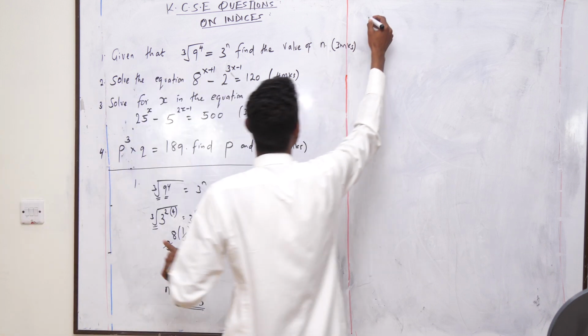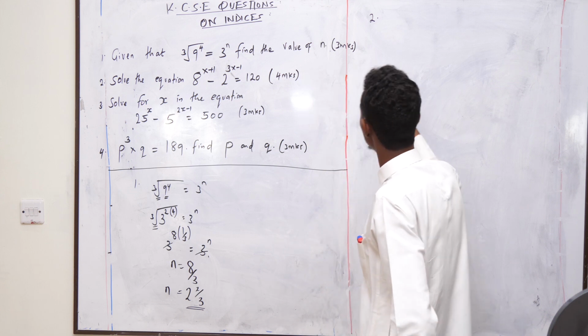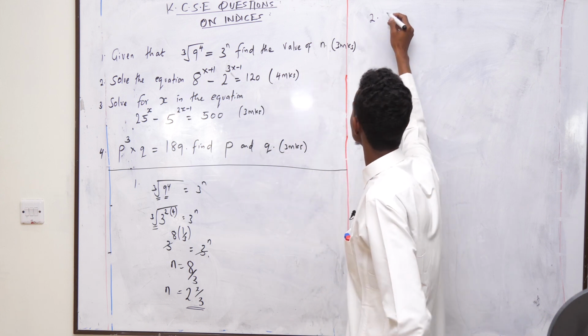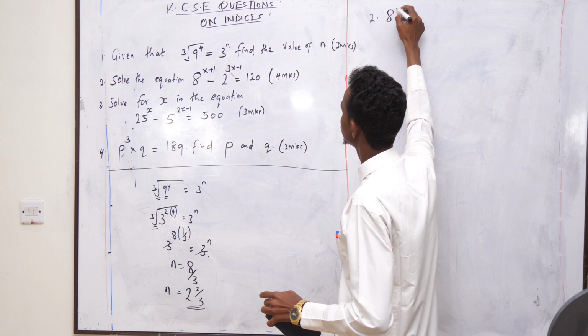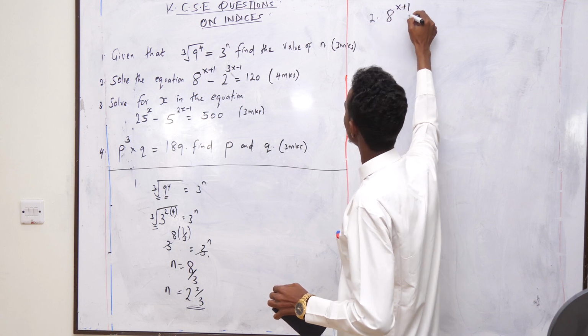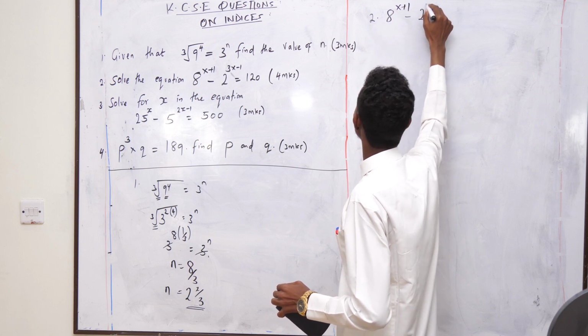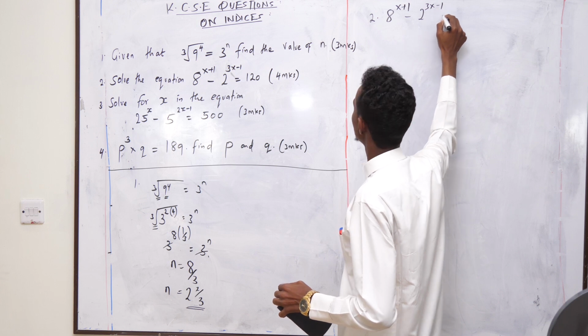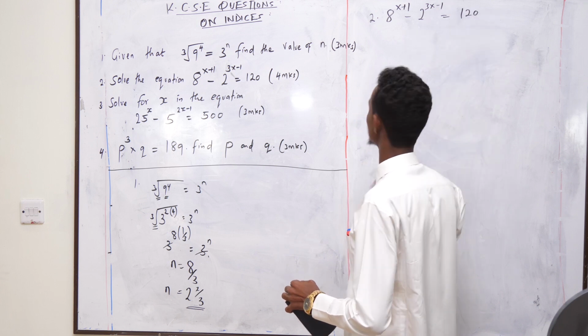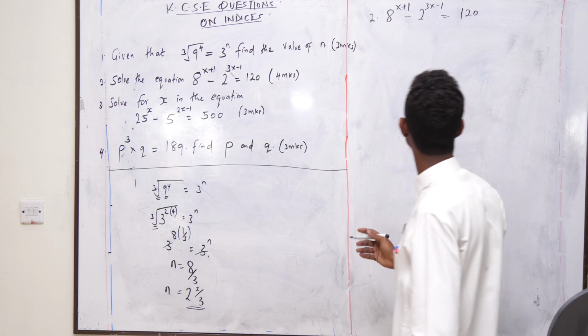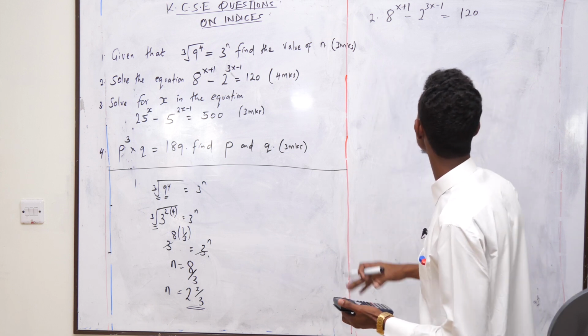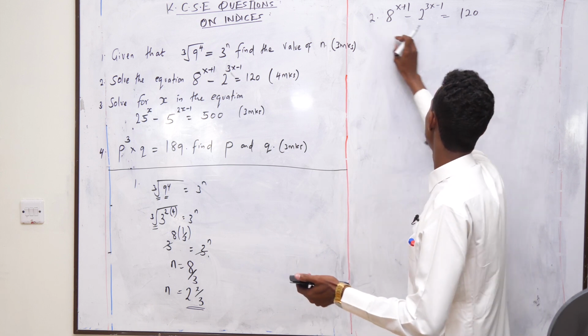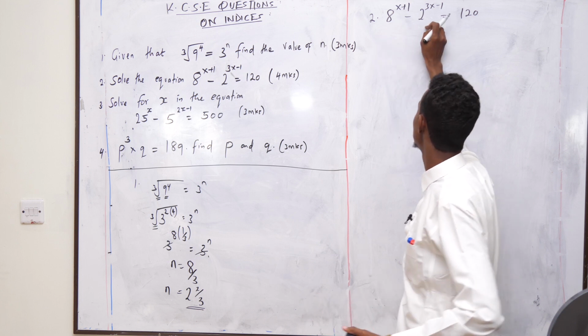Now next question, question number 2. Solve the equation 8 power x plus 1 minus 2 power 3x minus 1 is equal to 120. Now how can we solve a problem of such nature? The first thing is, let's express this side to the same base, to base 2.